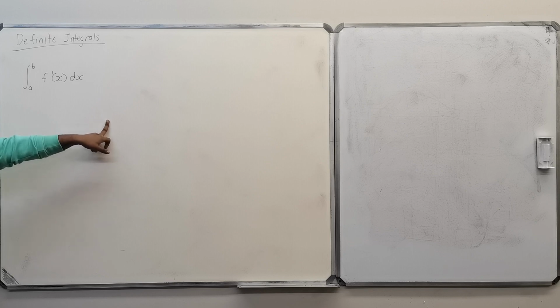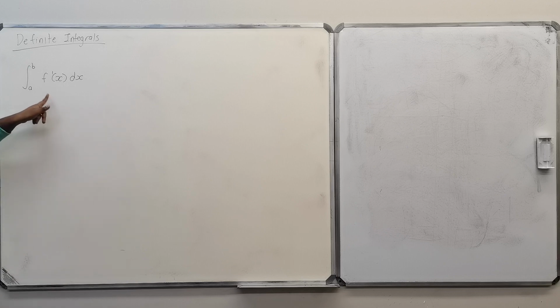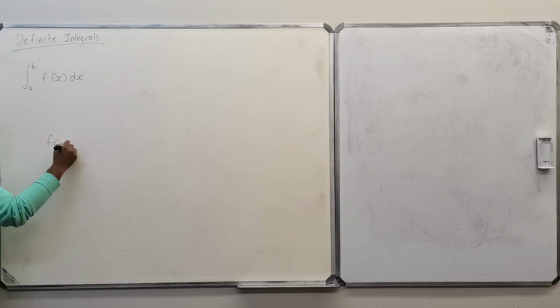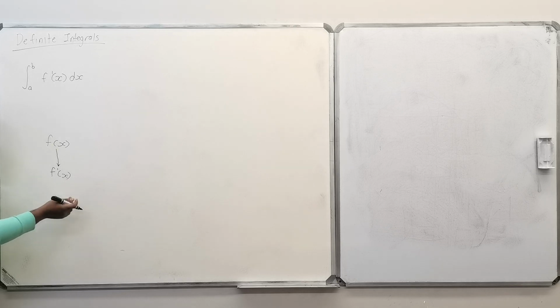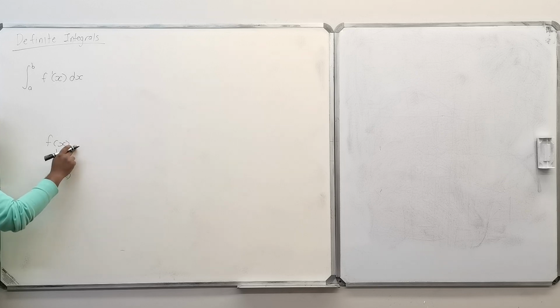So what will that be? This is a function. If I derive this function, I end up with f prime x. If I integrate the derivative, I'm going to end up with the function.